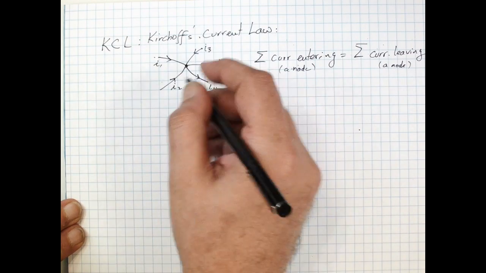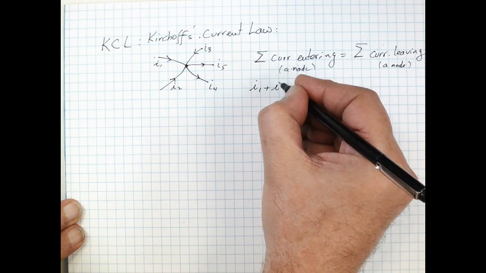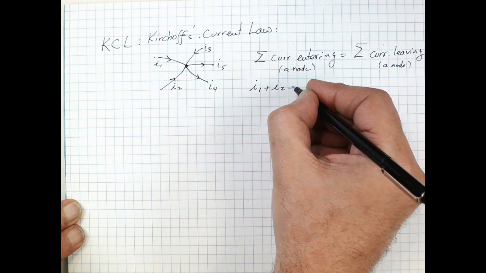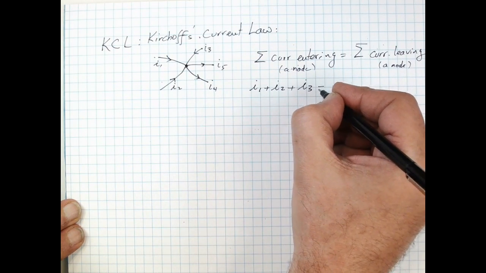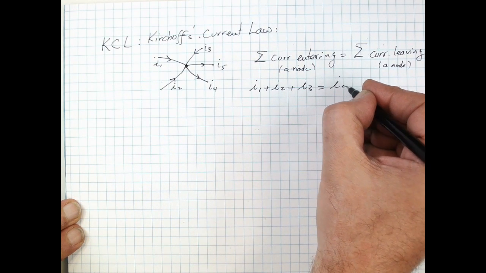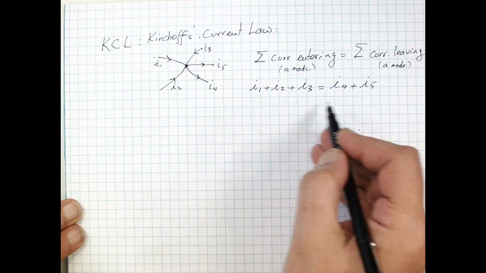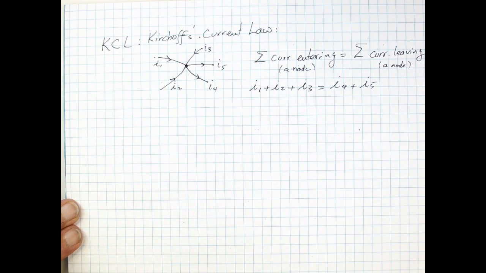So in this particular example, what we can say is that I1 plus I2 plus I3, the currents entering the node, is equal to the sum of the currents leaving the node, which is I4 and I5. So this is a statement of KCL.